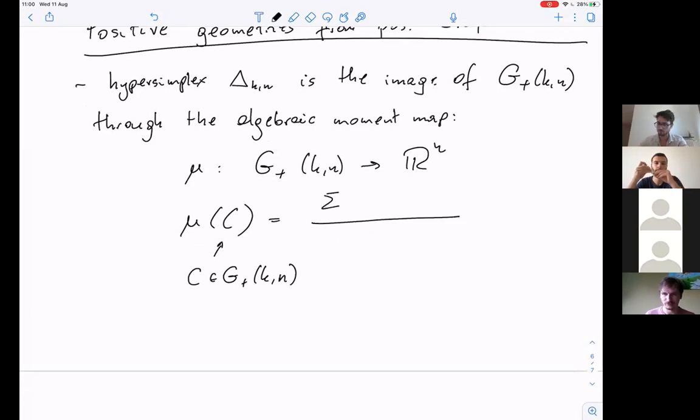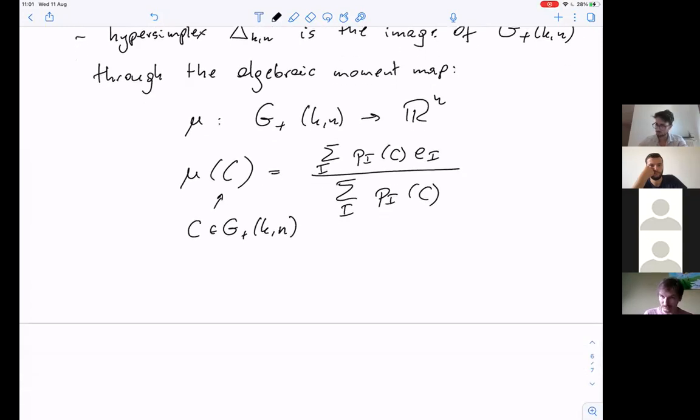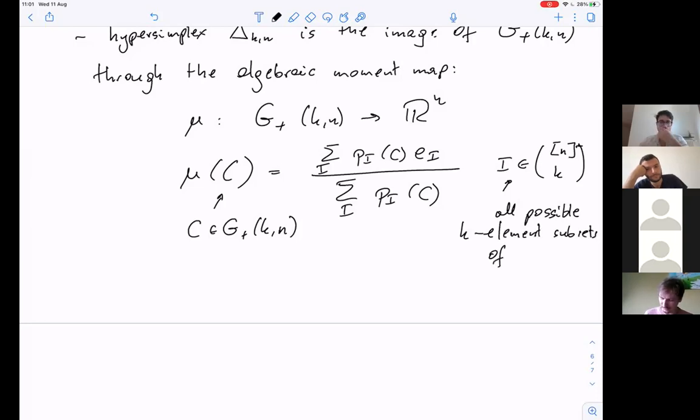I need to sum p_I of C times e_I, divided by the sum of p_I of C. I'll explain in a second what I mean by these objects. Here I is just all possible k element subsets of the set n, which is just the set from 1 up to n.